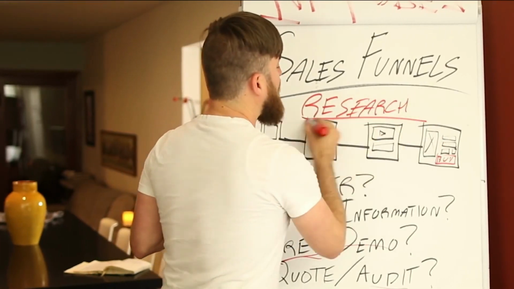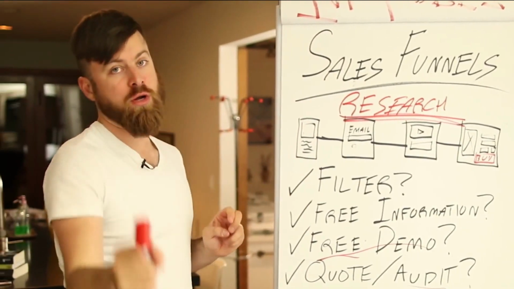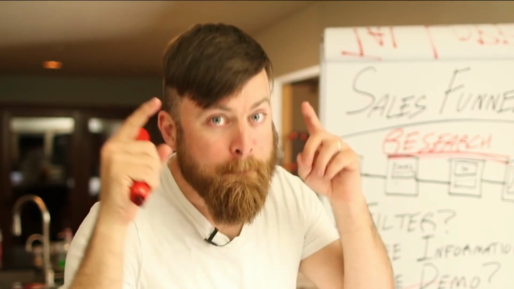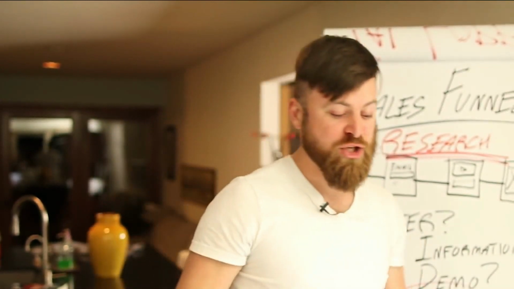The first step is you've got to research your competitors. Research the other people marketing in your niche. Now, a dirty little secret I use is I'll simply copy the sales funnels of my competitors and change a few words.